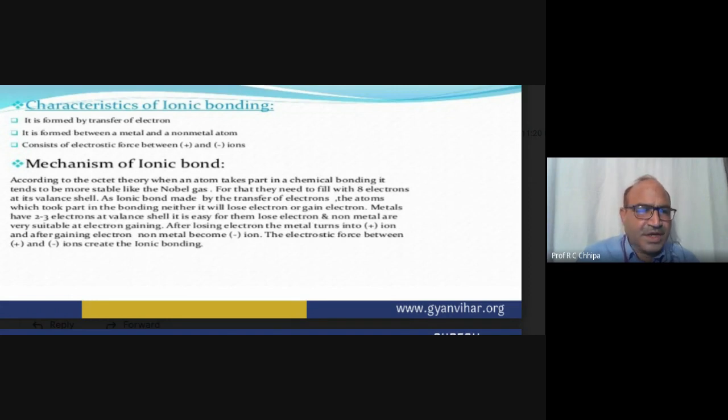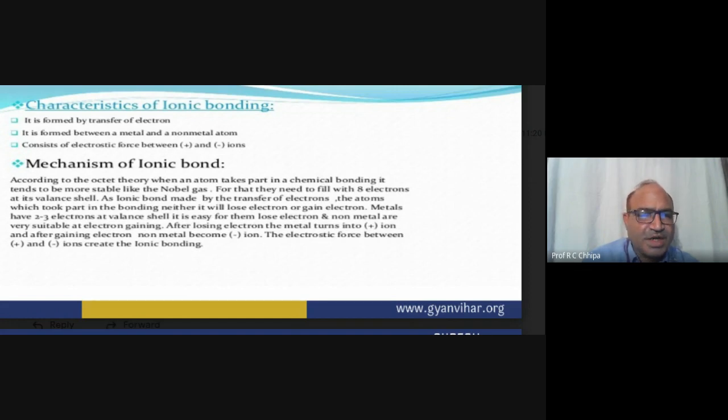So metals have 1, 2 or 3 electrons in the valence shell. It is easy for them to transfer electrons, since the valence shell electrons are very few, whether one, two or three, and those electrons are lost.